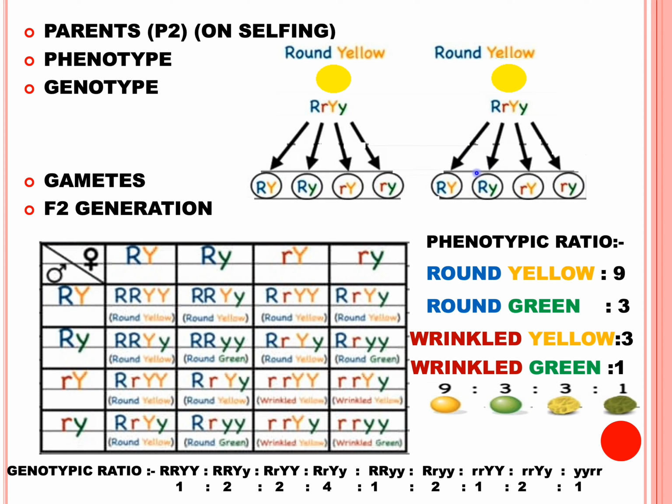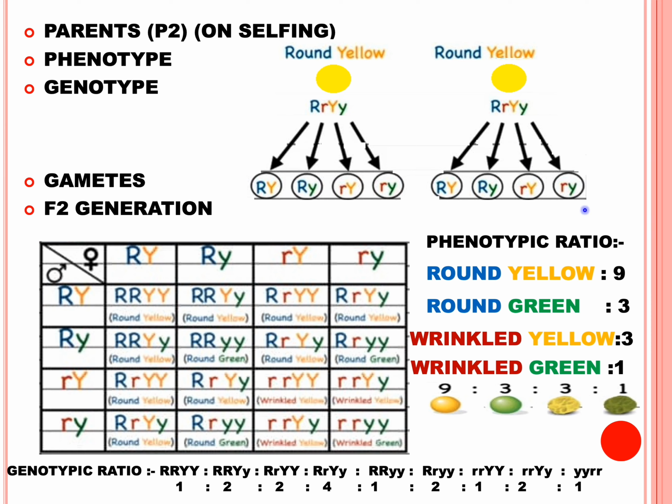In the same way, four types of female gametes were obtained having the alleles of different characters: some have capital R, capital Y, some capital R, small y, some small r, capital Y, and some small r and small y.